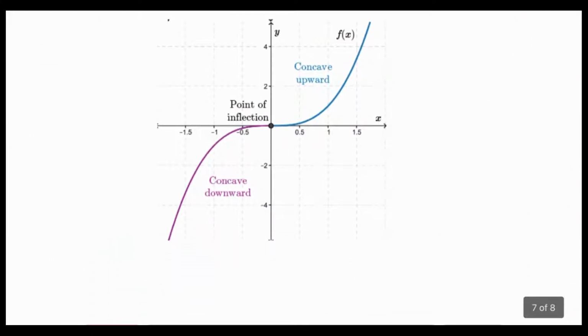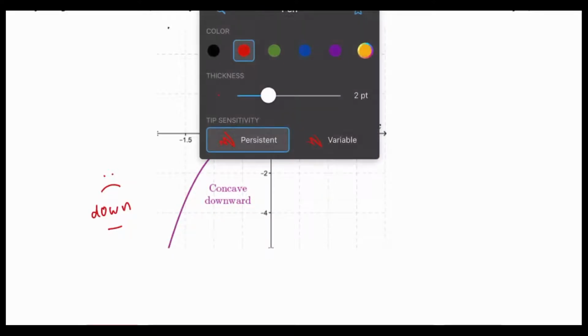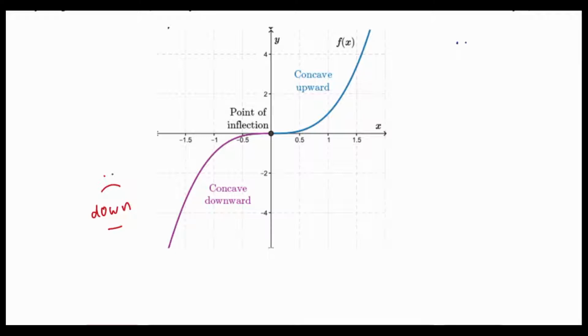So looking at our function here, we're going to be down on this side, or negative value. So notice if we were to just continue this curve here, it's down. In our top portion here, we have concave up, positive.